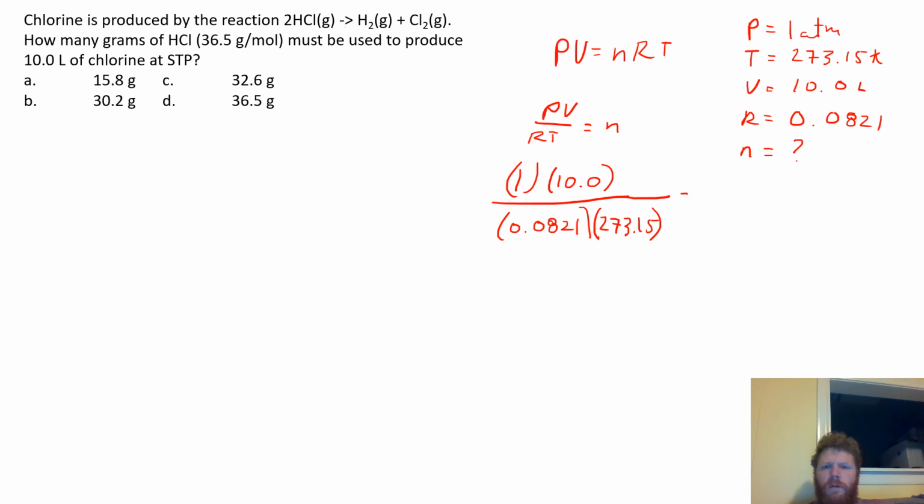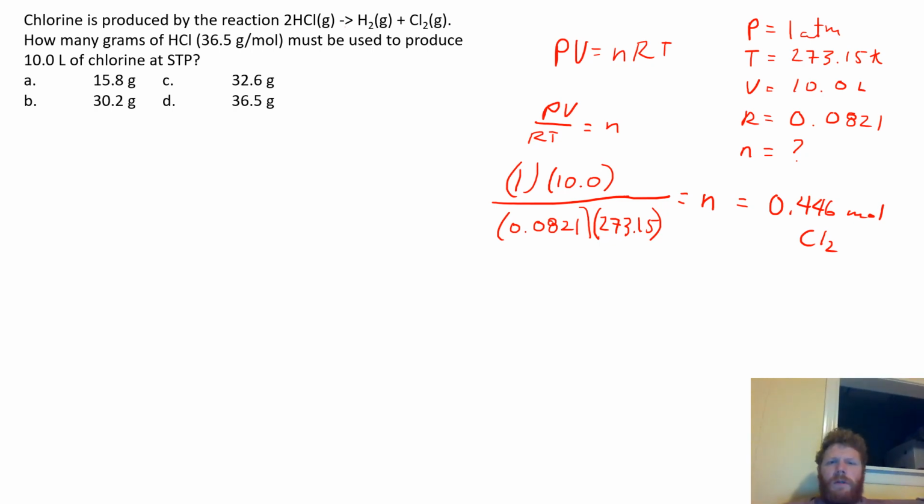All of this is equal to n, which when you plug it in your calculator, you figure out is 0.4459, so I'm going to call it 0.446 moles of what? Well, Cl2. Okay.